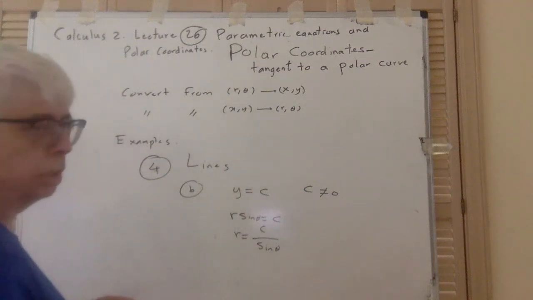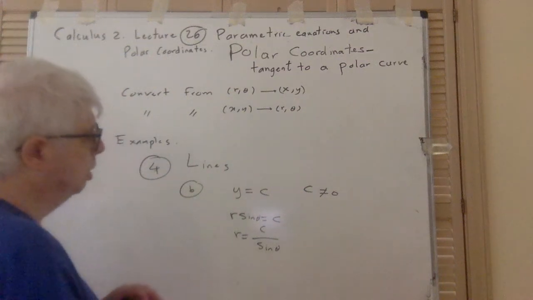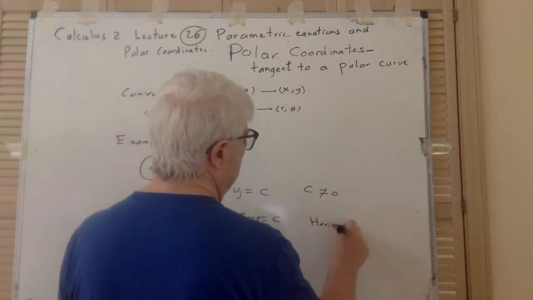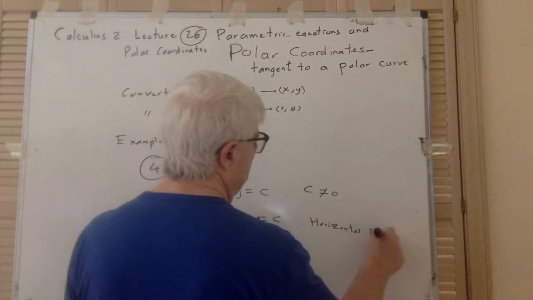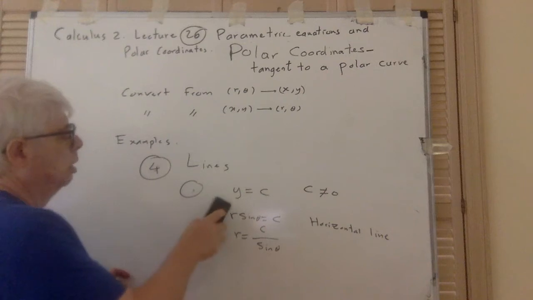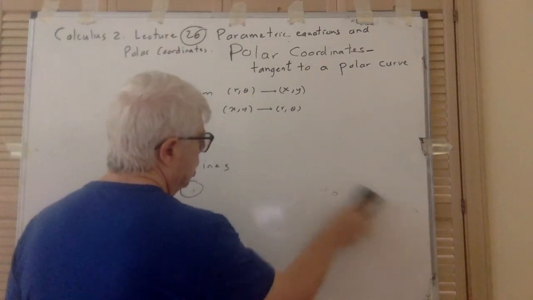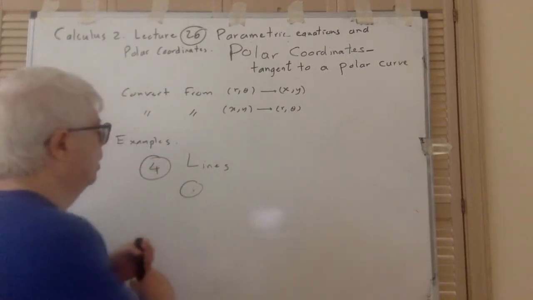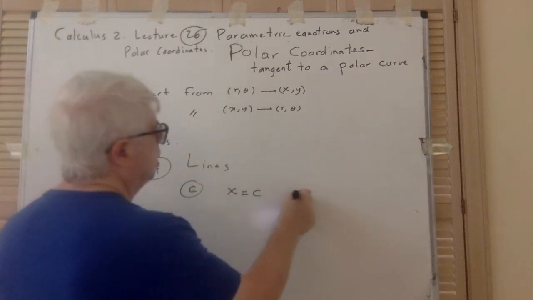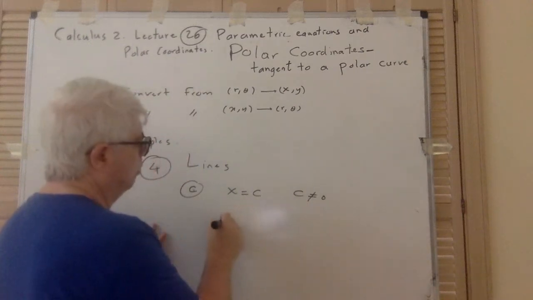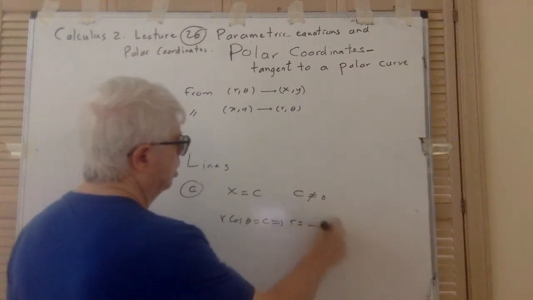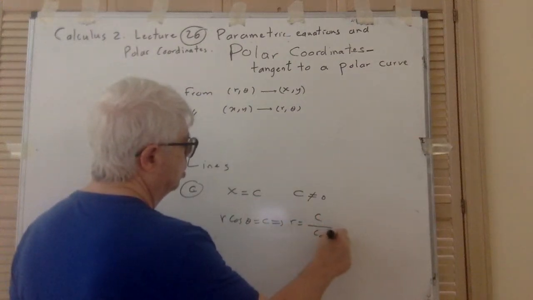So that is a horizontal line, and a vertical line is this. If I have x equals a constant, again c is not 0, I have r cosine theta is c, and r is c over cosine theta.